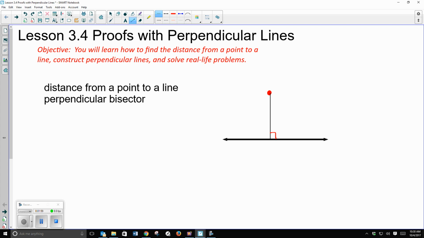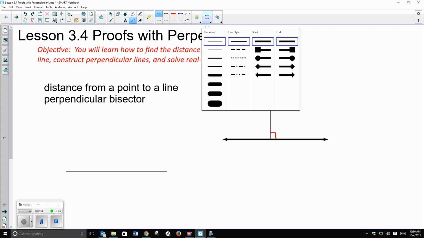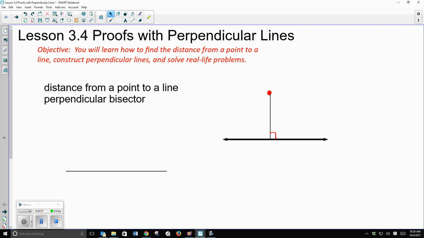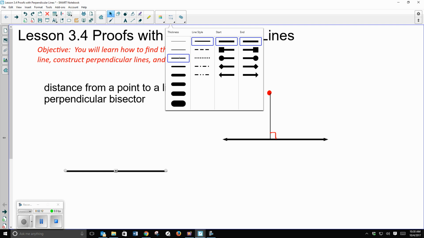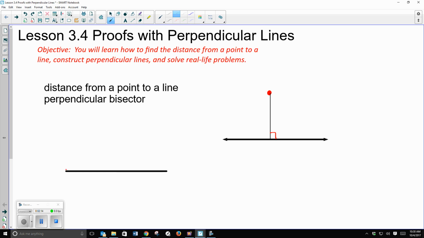So if you take and draw a segment, the perpendicular bisector to that segment would be a ray, a line, or a segment that cuts through this segment at a perpendicular angle.